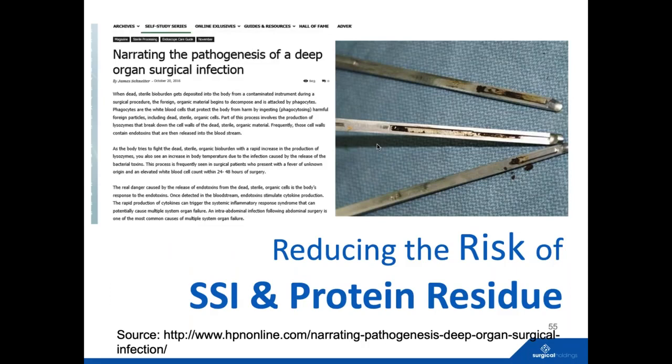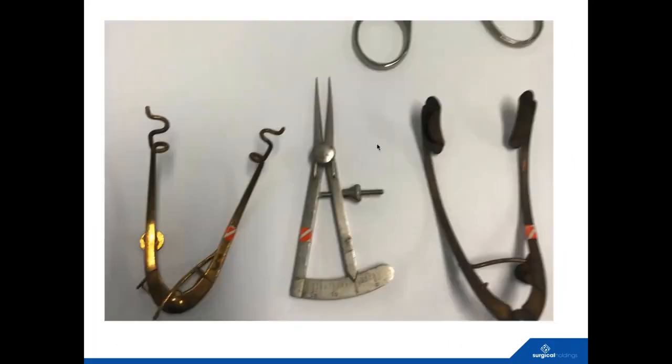So these are some keratosis rongeurs, which infamously can be difficult to clean. Having a repair or maintenance program is important, because it means your repair supplier can open the devices up, take them apart, and make sure they're clean and free from debris for you.